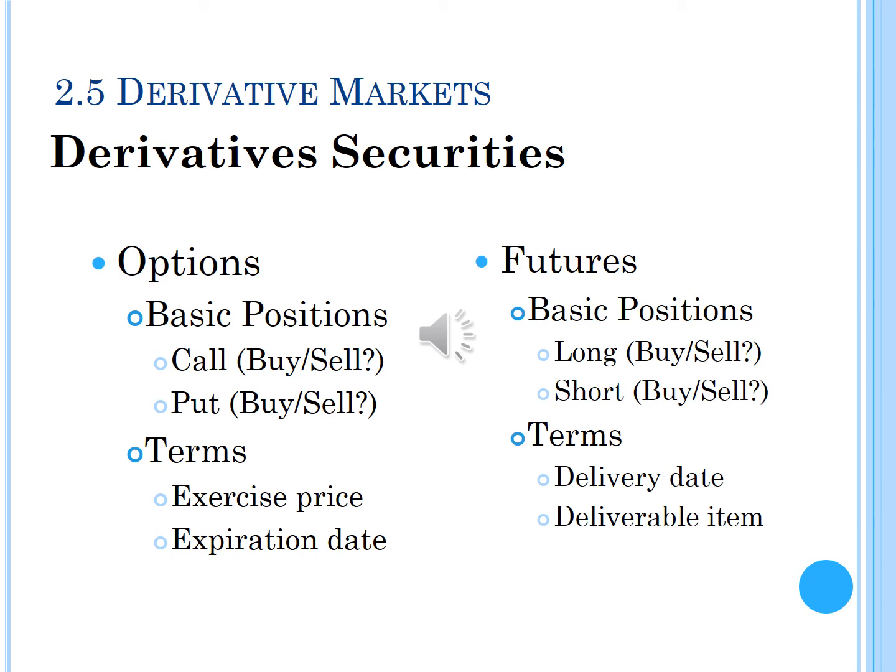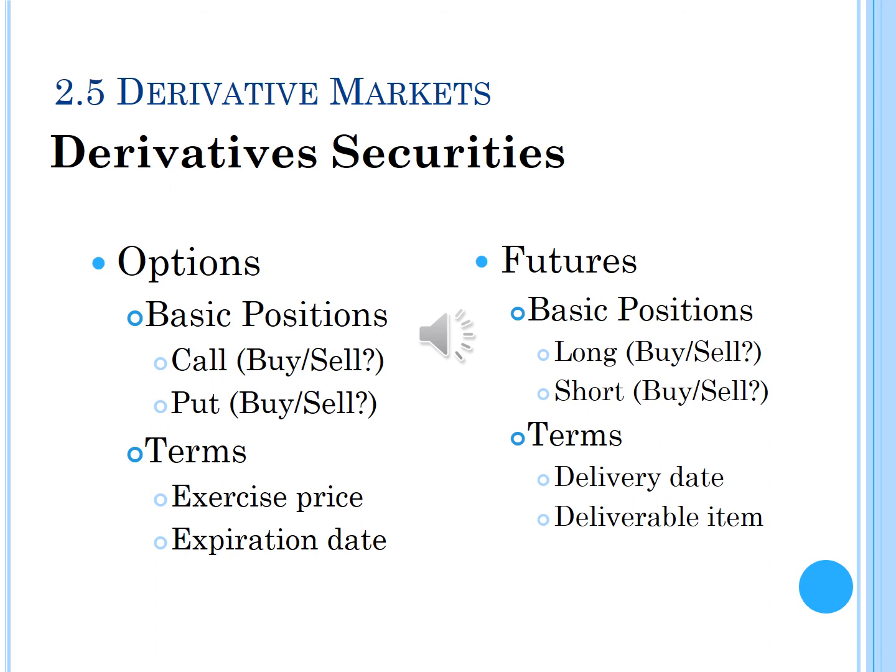Okay, so a call option would be the right to buy the specific asset, and a put option would be the right to sell that asset. The terms you would need to understand on top of that are the exercise price or the strike price and the expiration date of the option.